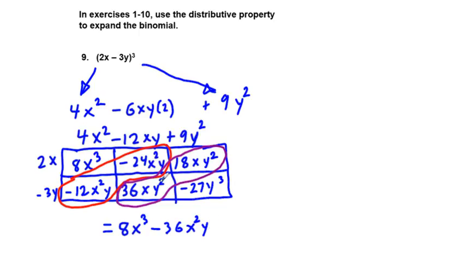And then our next term, our xy squared term, is going to be 36 plus 18. I believe that's going to be 54. 54xy squared, and then minus 27y cubed.